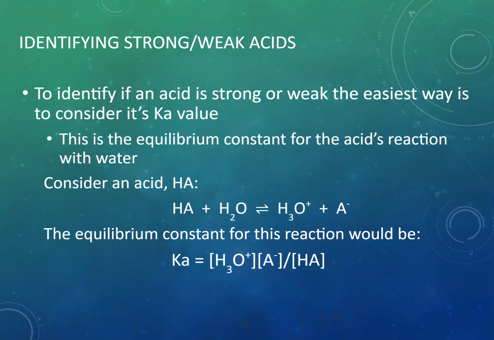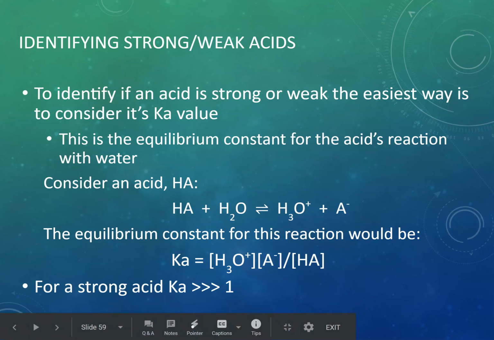So the value of Ka can tell us whether or not an acid is strong or weak. If we have a strong acid, then because it is heavily product favoured, the reaction is going to go to completion, and Ka is going to be significantly larger than 1.